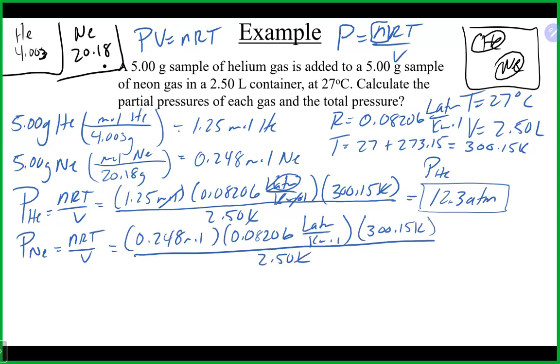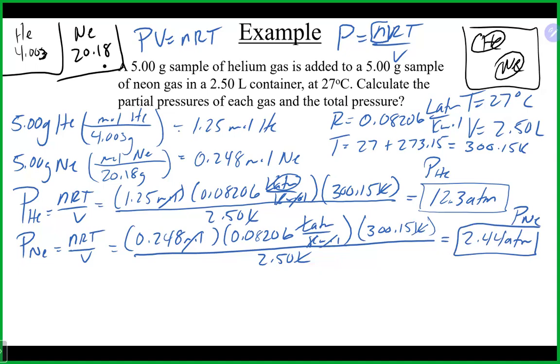Once again, liters cancel, Kelvin cancel, moles cancel, leaving atmospheres, and we end up with about 2.44 atmospheres. That would be the partial pressure of neon. First off, any questions on those calculations?